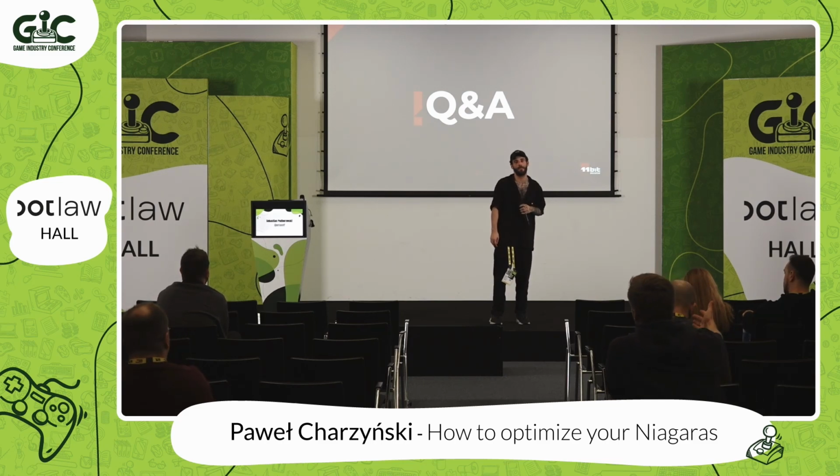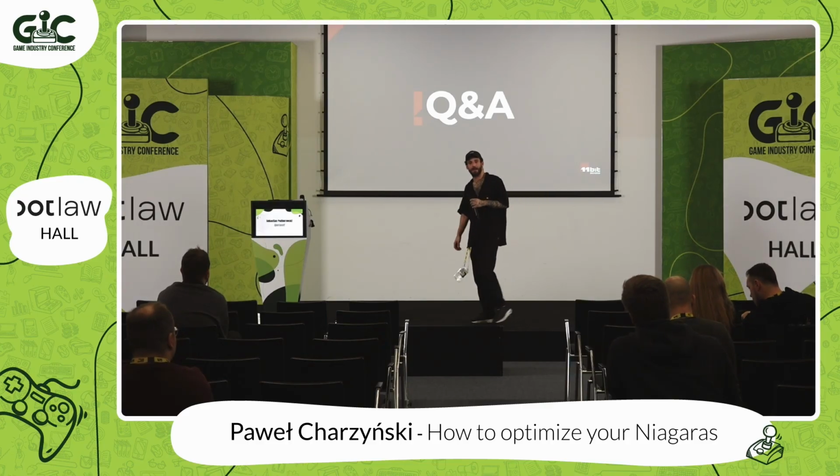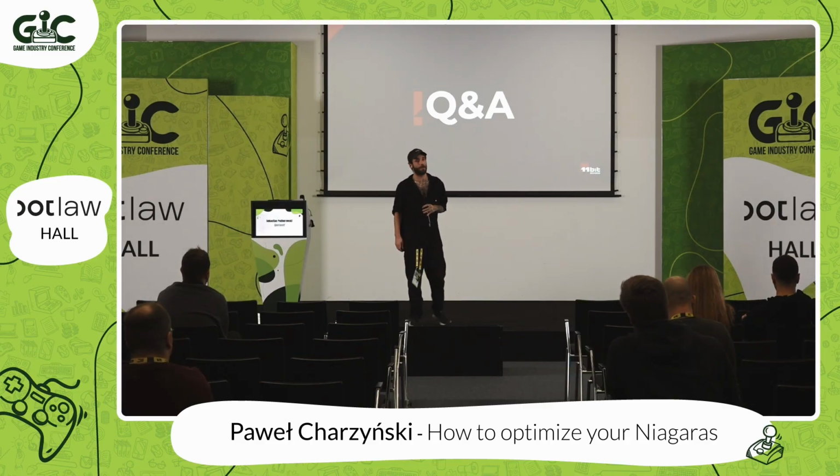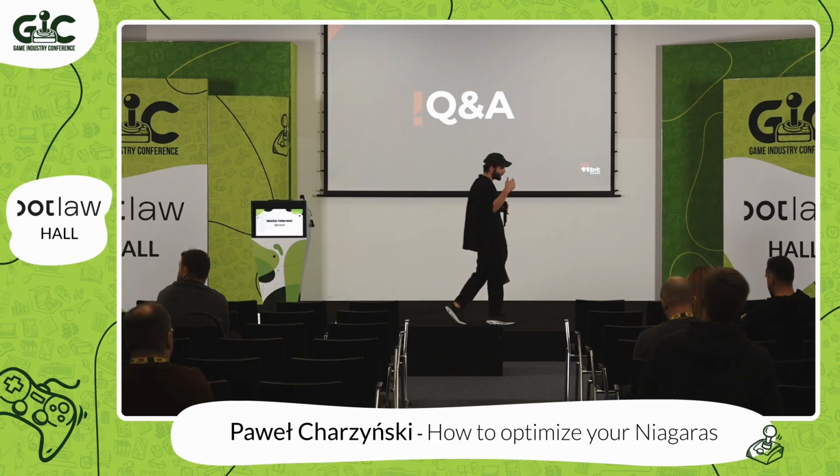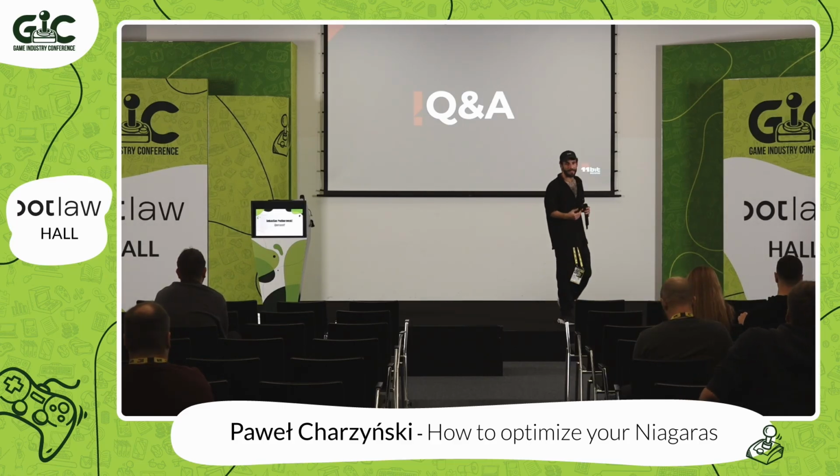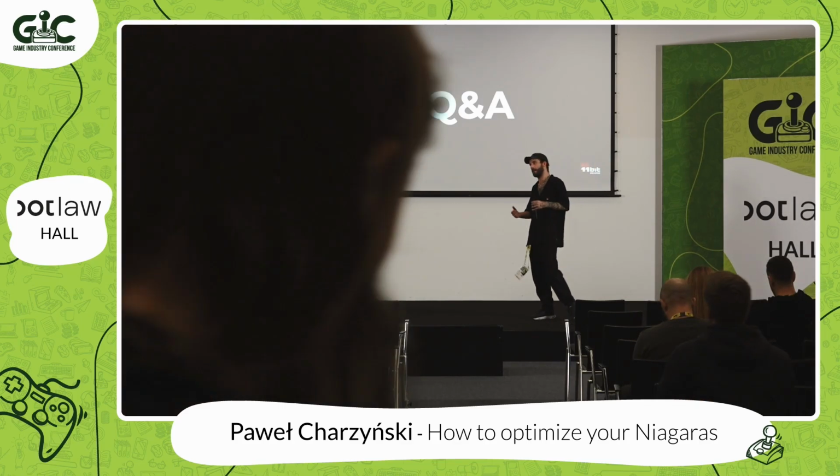But do you use some kind of line trace or something from the camera? Yeah, it is a line trace, but it's driven through the GPU, so it's not performance heavy at all. It's almost free.